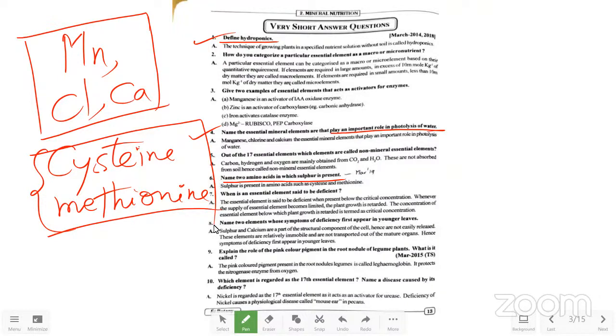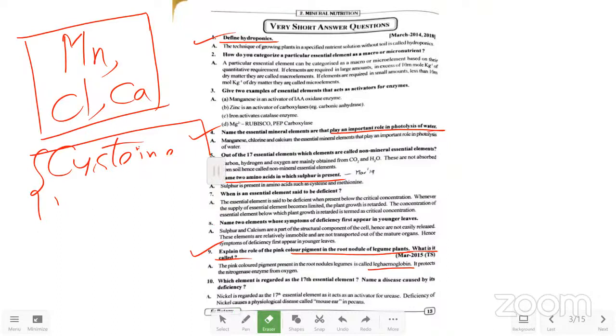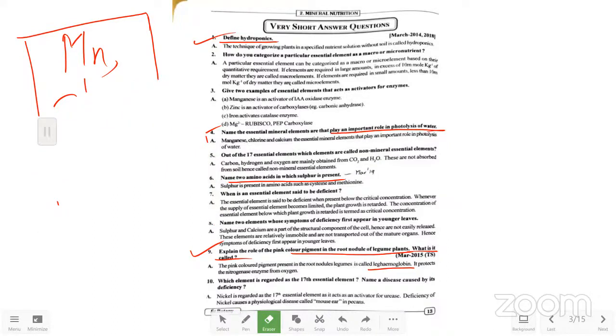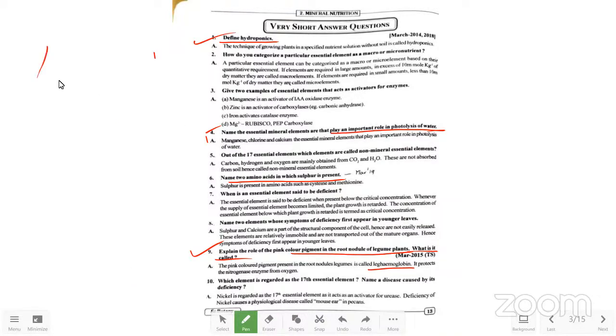And the next one is: explain the role of the pink color pigment in the root nodules of legume plants. The pink color pigment present in the root nodules is leghemoglobin. How to write this? Leg, hyphen, hemoglobin.